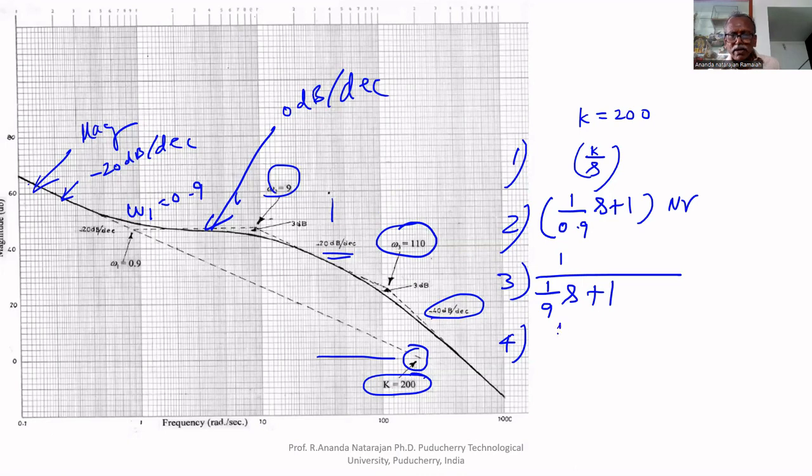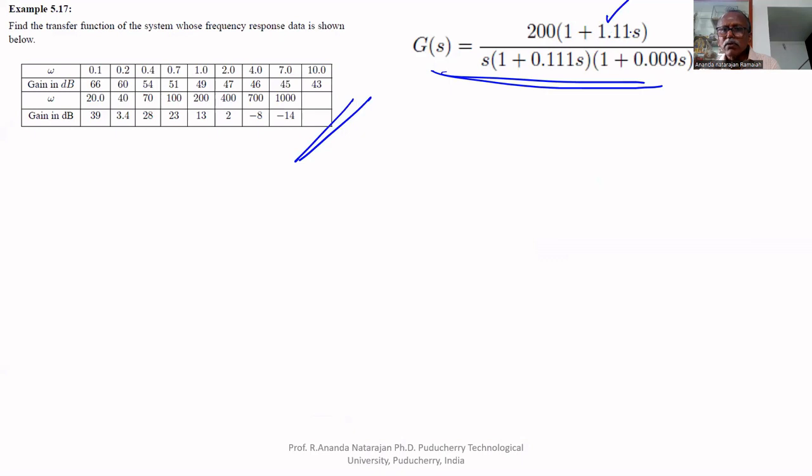Therefore, 1 by 110 s plus 1. That's all. So 1 by 0.9, 1 by 9, 1 by 110 s plus 1. These are the factors. 1 by 0.9 is 1.11, 1 by 9 is 0.111, 1 by 110 is 0.009. So we got the transfer function.